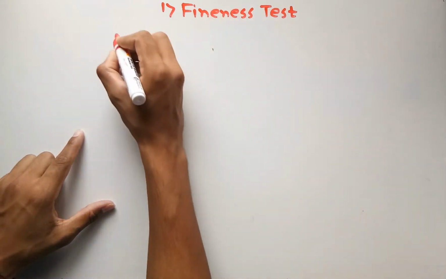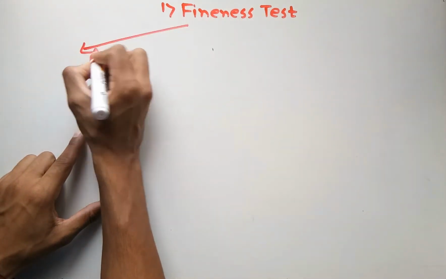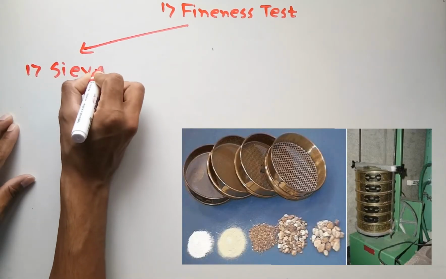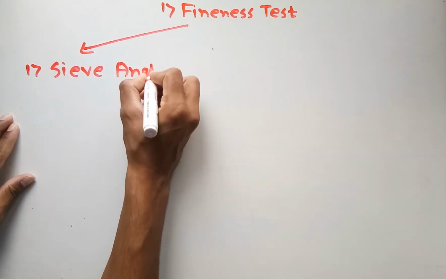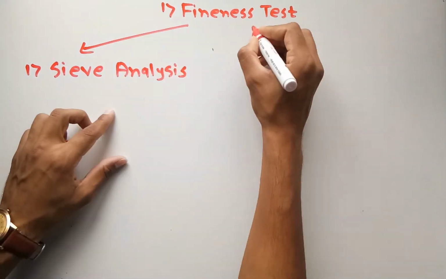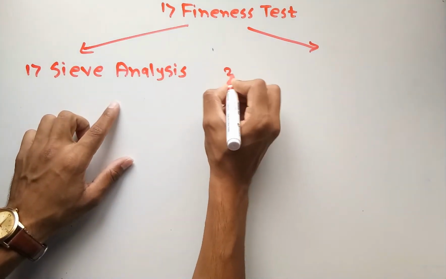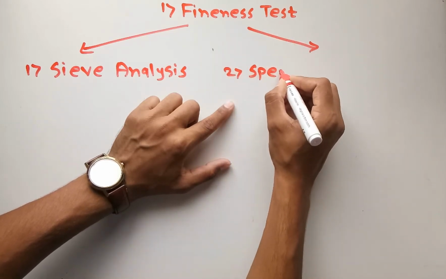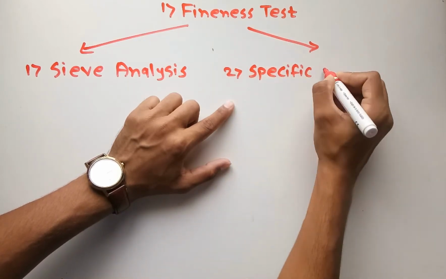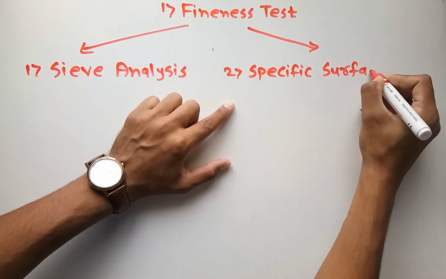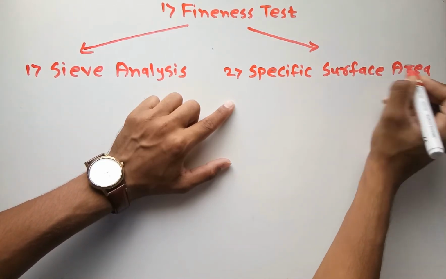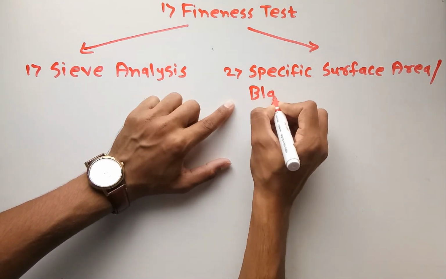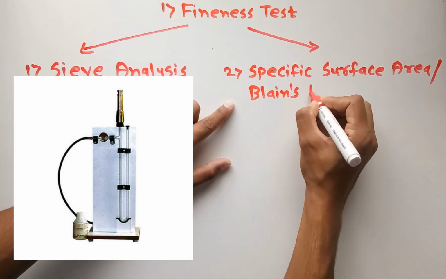The fineness test can be performed by two methods. First we can perform it by sieve analysis. The other method we can use is specific surface area. So fineness can also be determined by specific surface area. For specific surface area, the apparatus we use is termed Blaine's air permeability test.